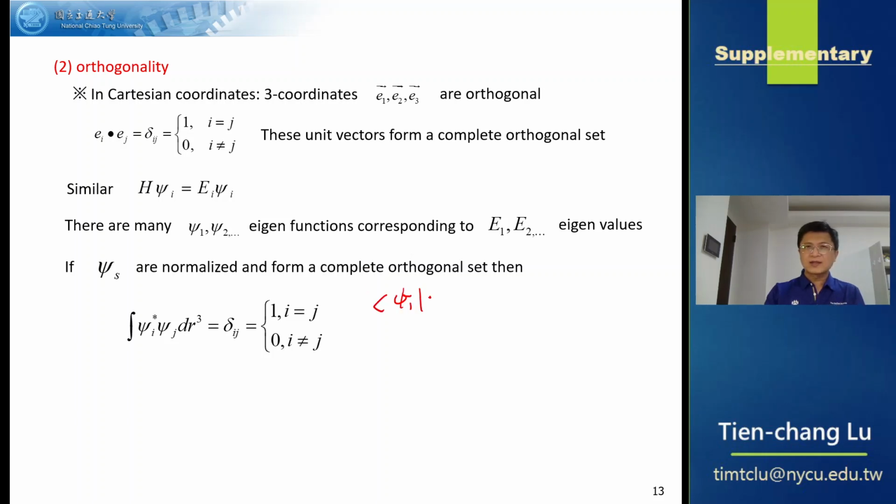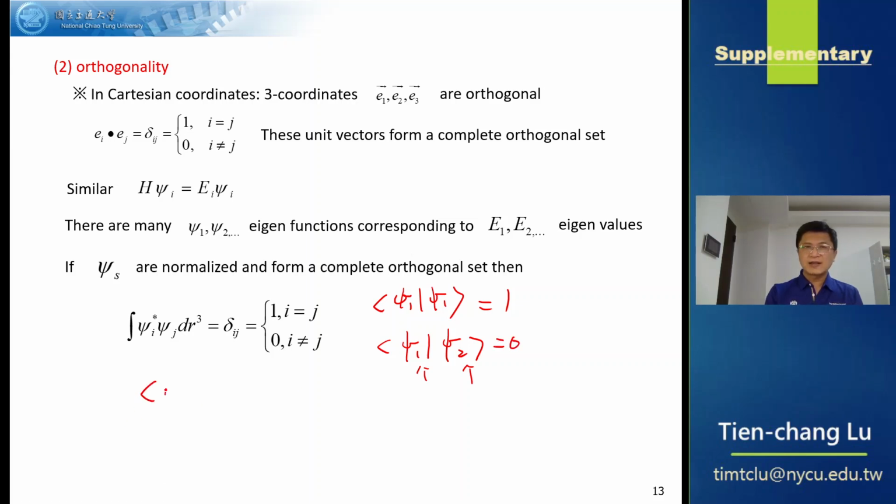Phi 1 with phi 1, of course, is 1, because the probability of finding phi 1 in this space is 1. But if you take the overlap integral from phi 1 to phi 2, because the quantum numbers are not the same, then it equals 0.